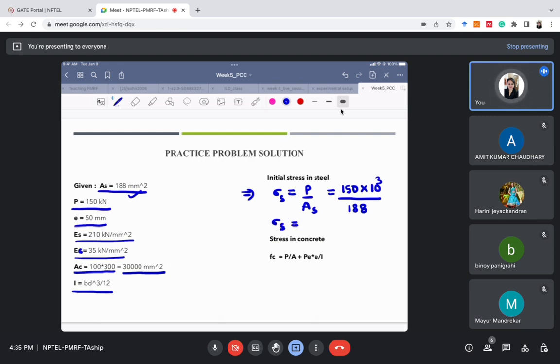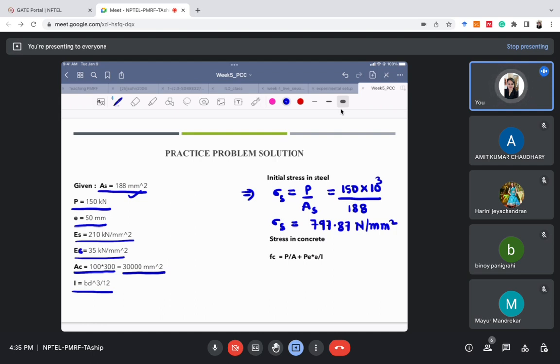It comes out to be 150 into 10 to the power 3 divided by 188. The answer comes out to be 797.87 Newton per square. So first of all, we have calculated the initial stress in steel.